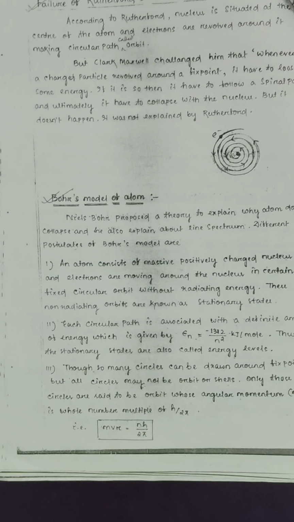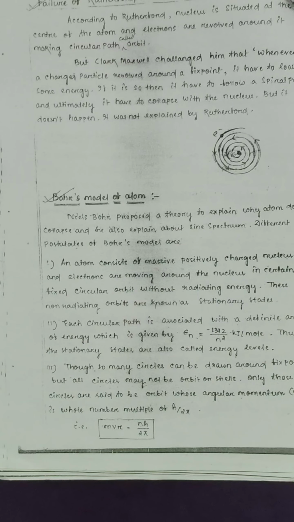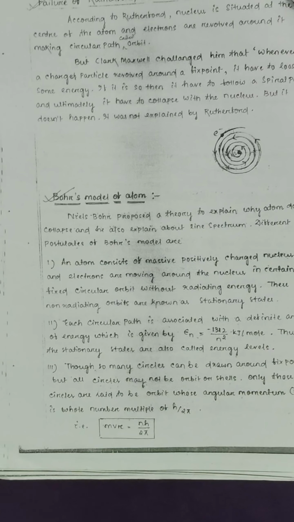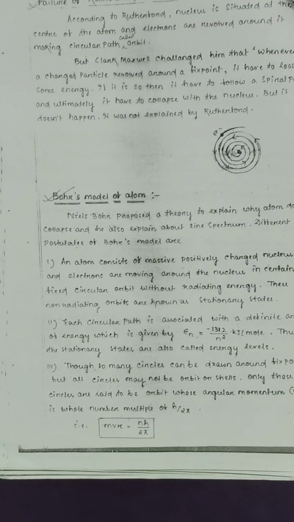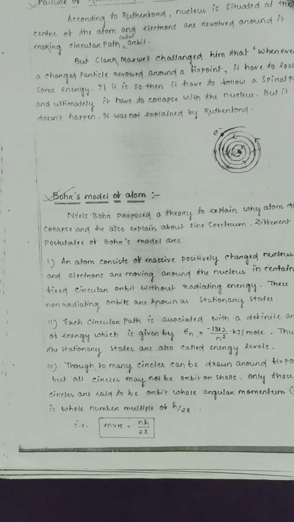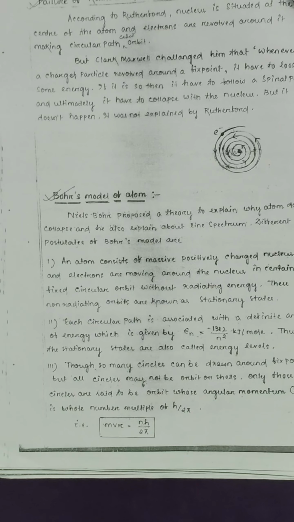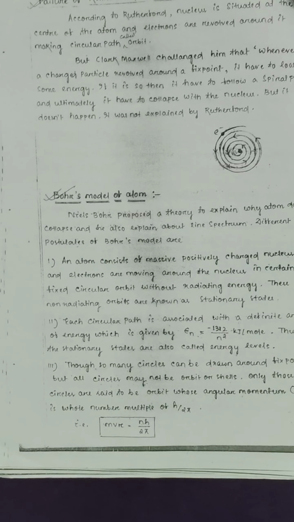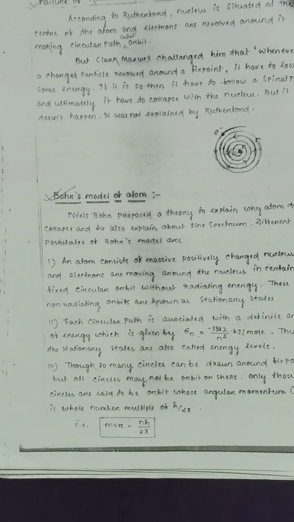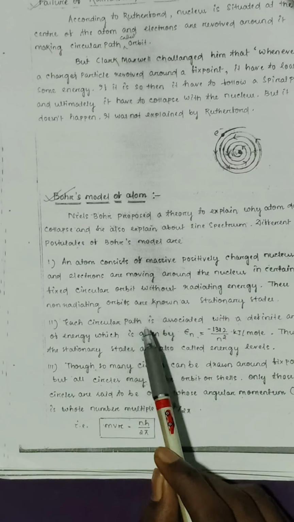Though many circles can be drawn around a fixed point, not all circles are orbits or shells. Only those circles are said to be orbits whose angular momentum mvr is a whole number multiple of h by 2 pi, such that mvr equals nh by 2 pi. So now let's understand.